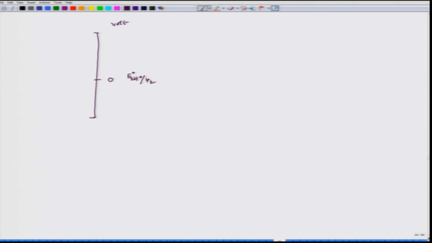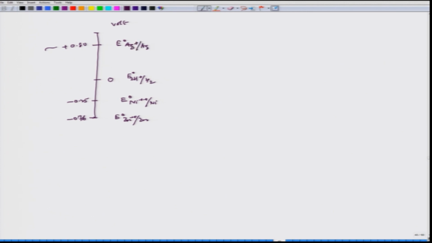If I try to place all those values on a particular line, this is in volt unit, and this is hydrogen. Now if I try to place nickel on the same scale, it is minus 0.25, which is E0 Ni2+/Ni. Zinc is minus 0.76, E0 Zn2+/Zn, and I can also put Ag, which is around plus 0.80, E0 Ag+/Ag.